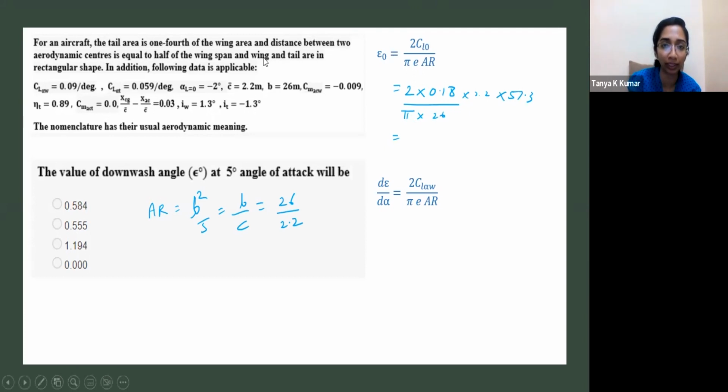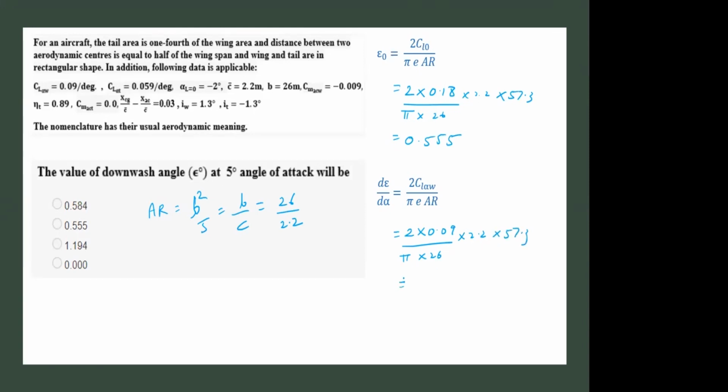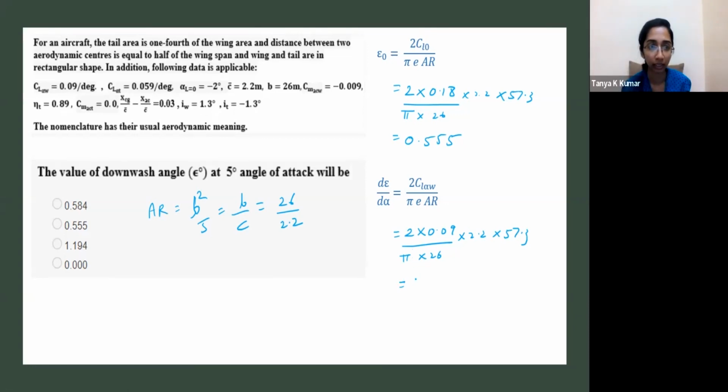Just calculate quickly and tell me what is the value. 0.555. Again, 57.3. That's epsilon naught, right?